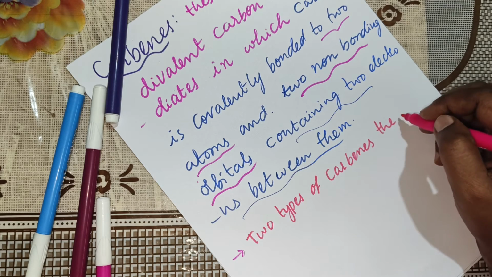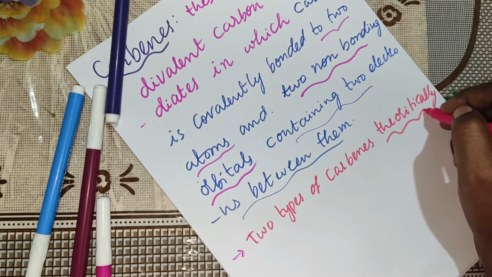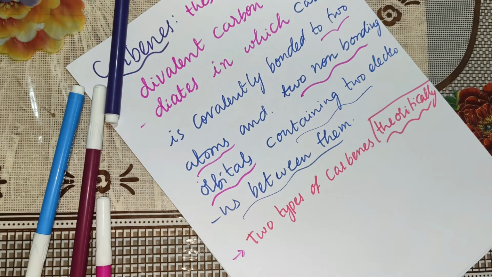Theoretically, important, keep that in mind. There are two types of carbene theoretically: singlet carbene and triplet carbene.